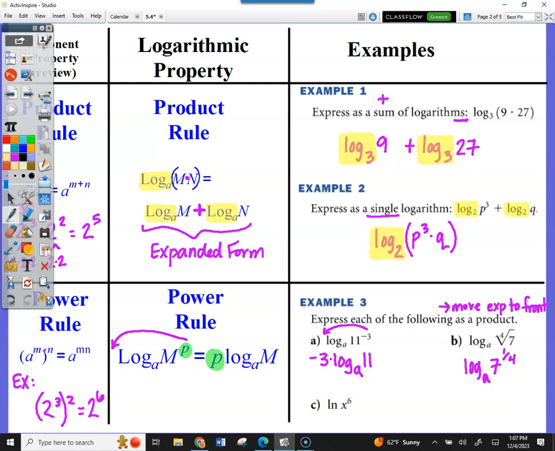And then now I can move the power to the front. So 1/4 times log base A of 7. I should have changed the thickness of 7.